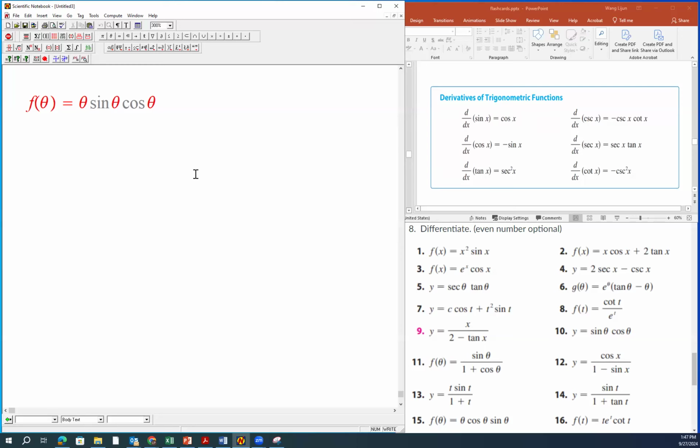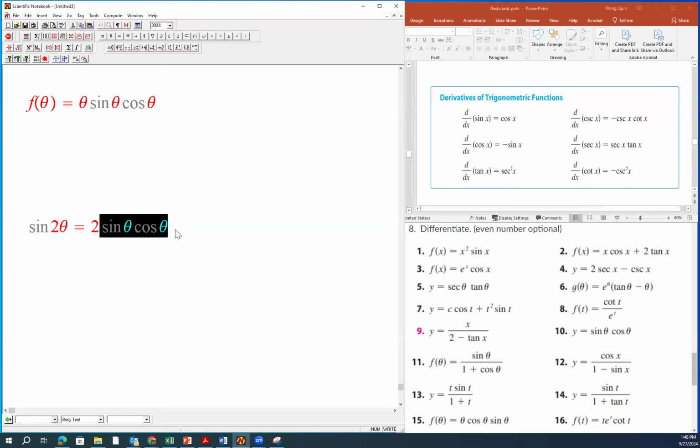Okay, this trig formula is the double angle formula. Okay, so sine 2 theta is equal to 2 times sine theta multiply cosine theta. I would use this. You can still do what we did on number 16, but I'm going to do it this way.